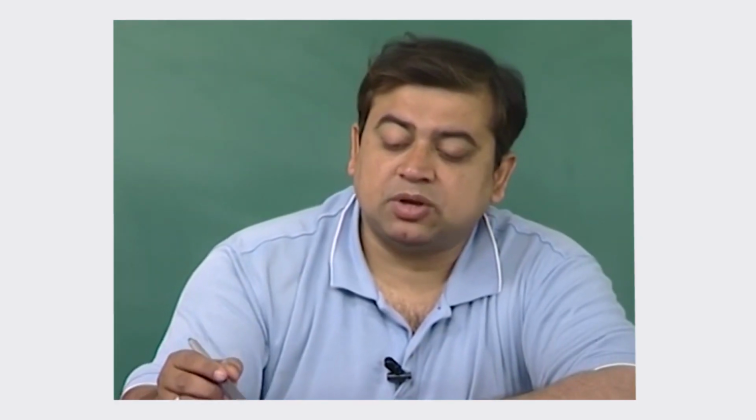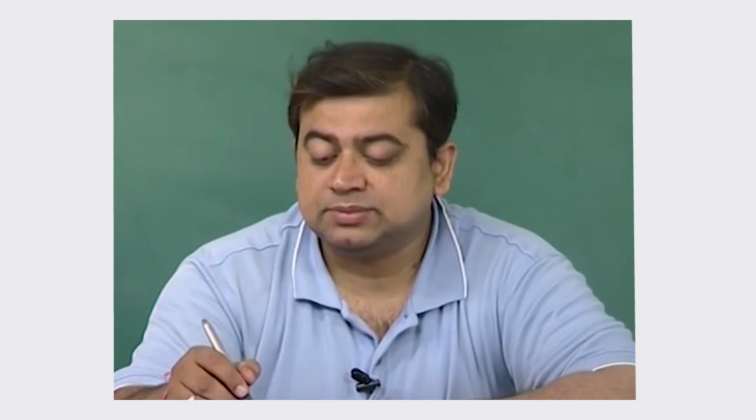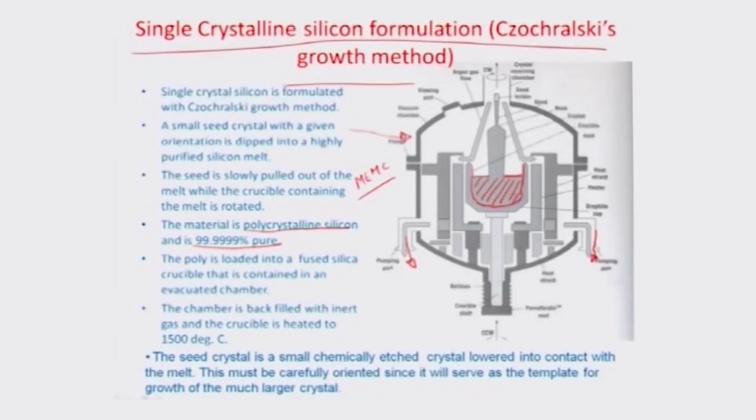So, the way the processing goes is that when this crucible is rotated, there is something called a seed crystal which has been obtained from an earlier process, and the seed can be a very small crystal grown in a certain direction, let us say the 100 direction. Okay.